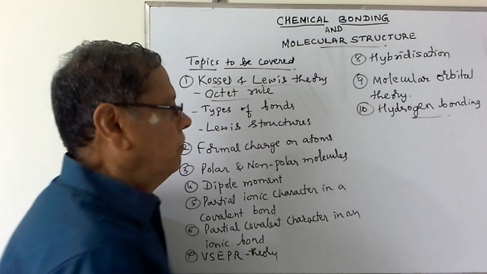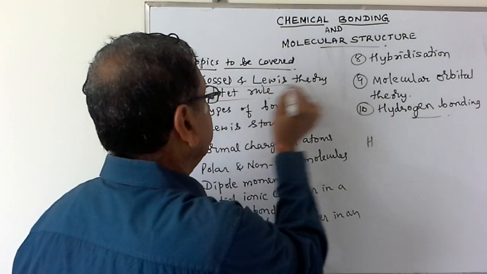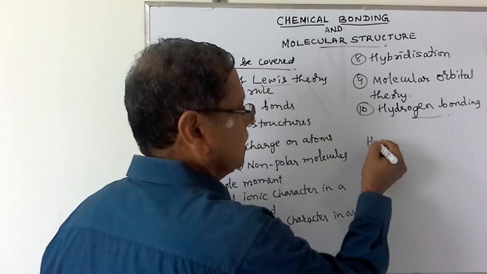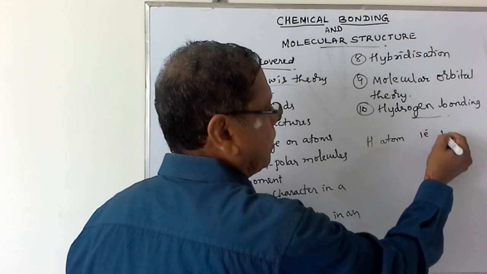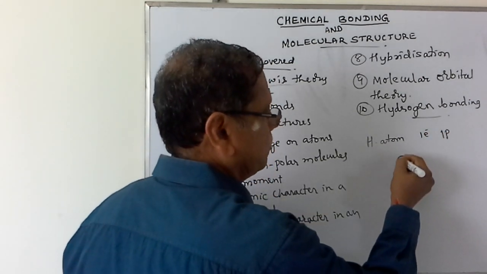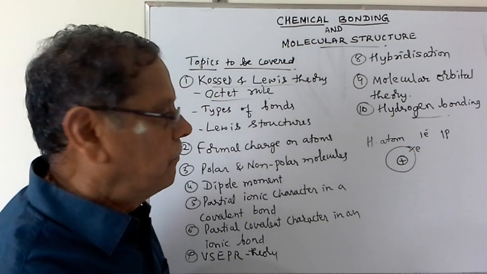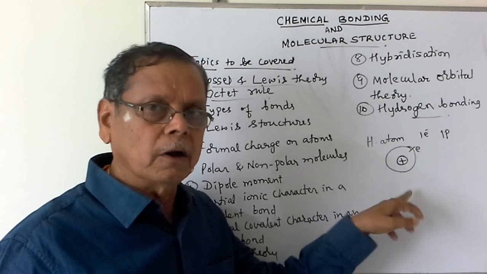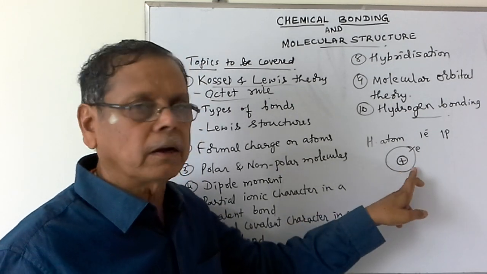Say for example, when we consider the hydrogen atom, we know that it has one electron and one proton. One proton is present in the center of the nucleus and one electron is revolving around the nucleus. For the first orbit, the capacity is 2 electrons, but it has only one electron.